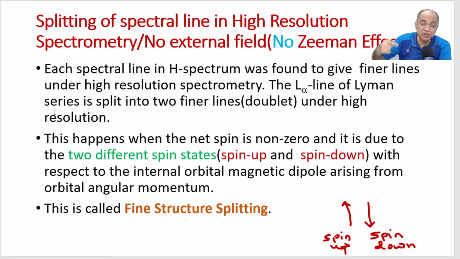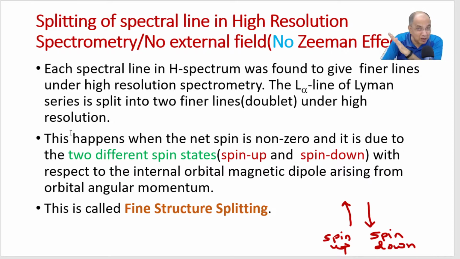It is due to the transition of an electron from higher levels to the first shell. The 2 to 1 transition will produce the first line, that is called L-alpha. That line was found to split into two finer lines, what we call a doublet, under high resolution conditions.